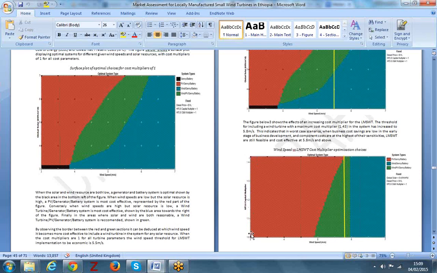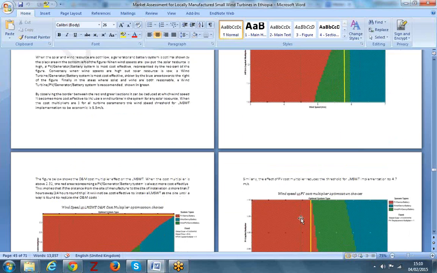And you can see that changes the graph, so the wind speed is now 5.9 for a wind turbine to be optimal. That just basically makes the wind turbine more expensive if the cost multiplier capital is high, and it means that there's more areas of the country where the just a PV system is more economical. So that changes it slightly. It changes the cutoff from 5.5 to 5.9 or something.